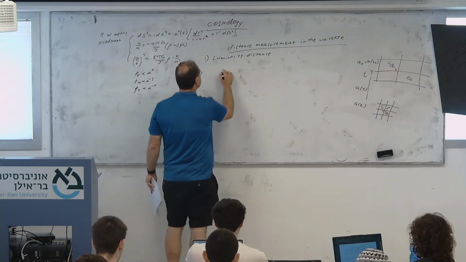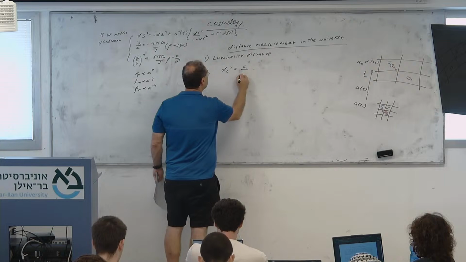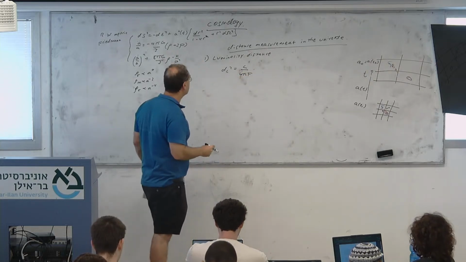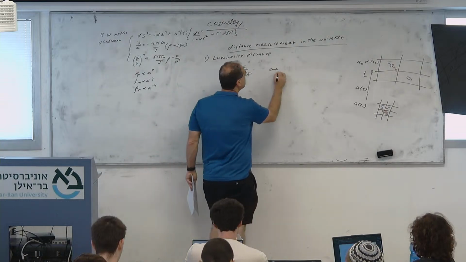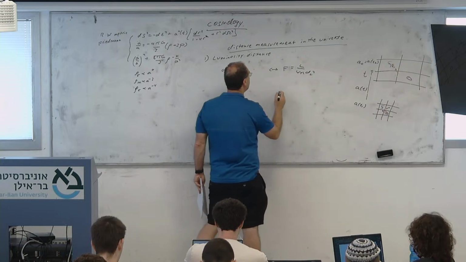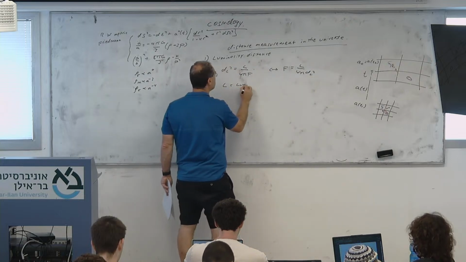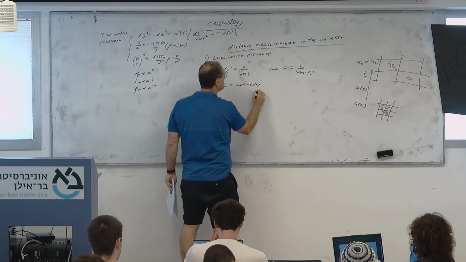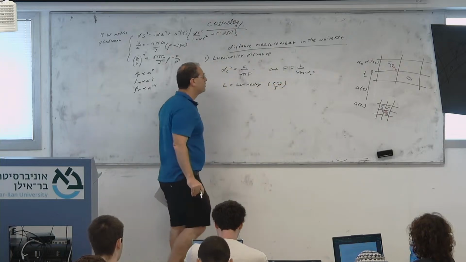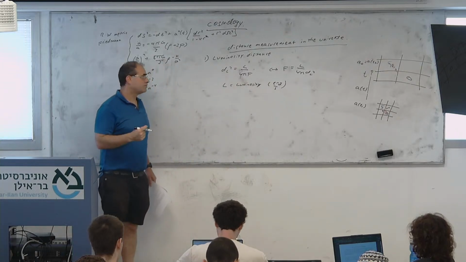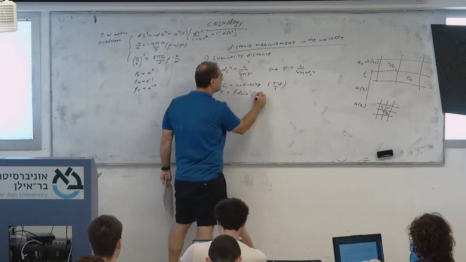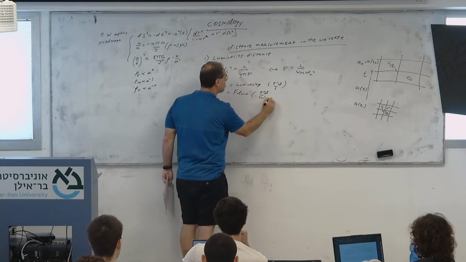It's defined as d_L squared is L over 4 pi f, or f is L over 4 pi d_L squared. L is the luminosity, normally in ergs per second, and f is the flux that we're seeing, typically in ergs per centimeter squared per second.